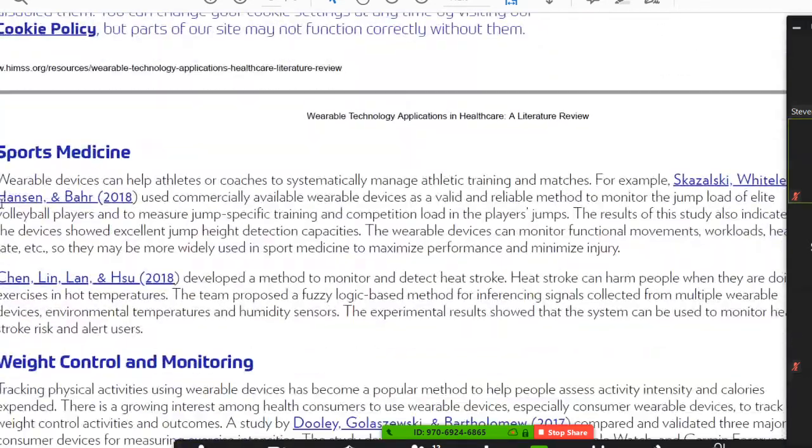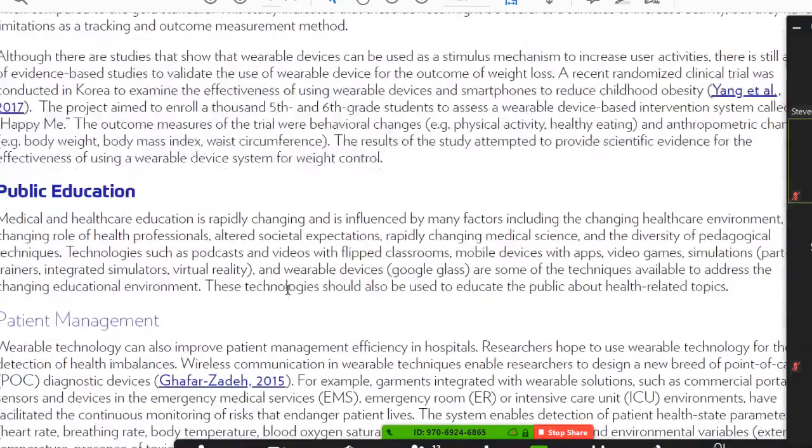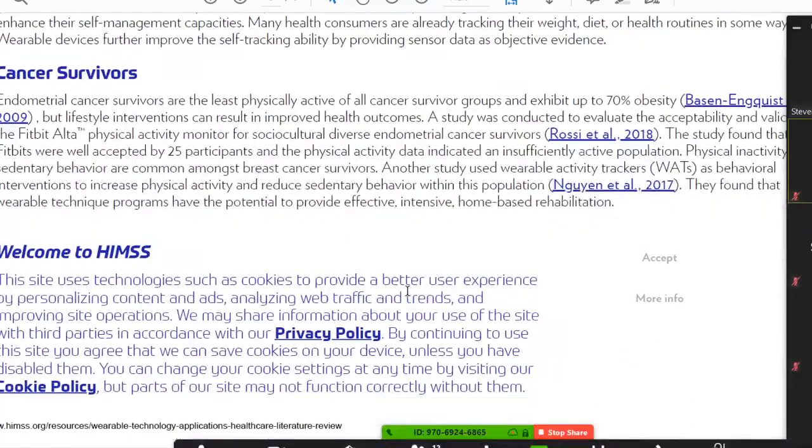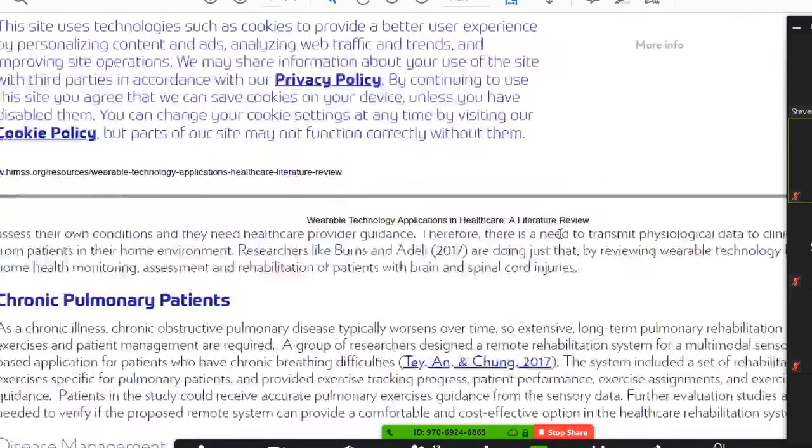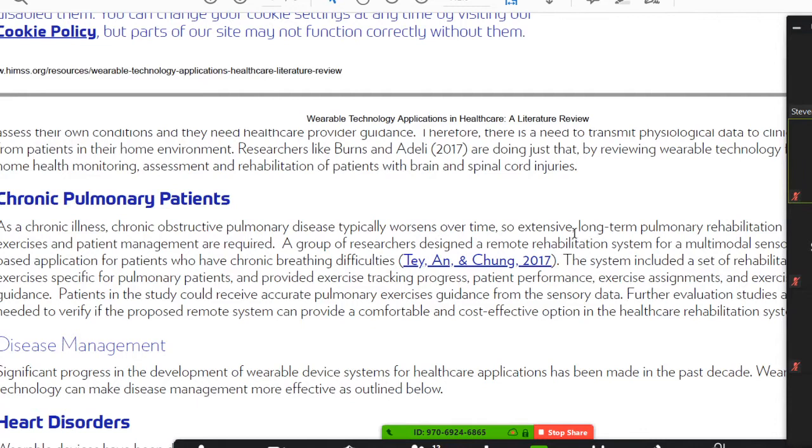So there's also sports medicine. Maybe someone already uses this when doing sports. You have seen someone put a mobile phone on the arm, and when they exercise, they monitor their exercise rate and so on, and also weight control and monitoring, and also public education. So today we use this one as an education tool, and also cancer survivors monitoring, and especially nowadays telehealth. For example, if someone is at home with coronavirus, especially an old person, can you develop a wearable device to implement telehealth?